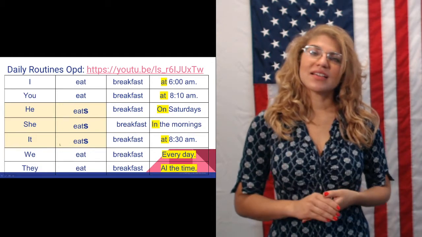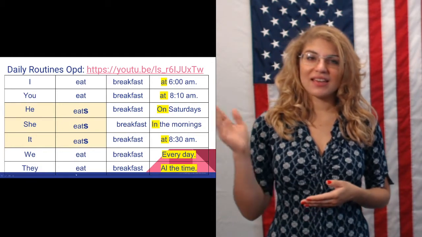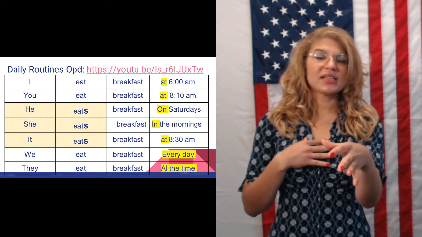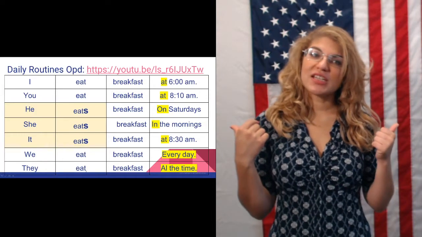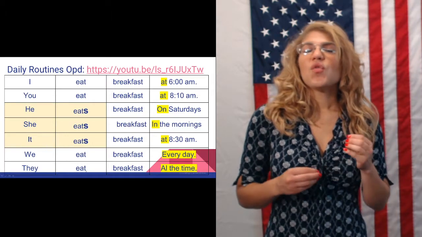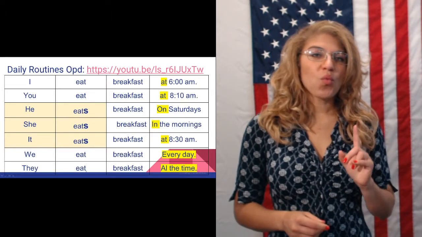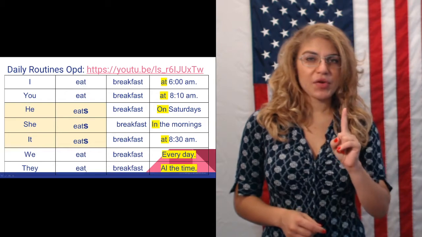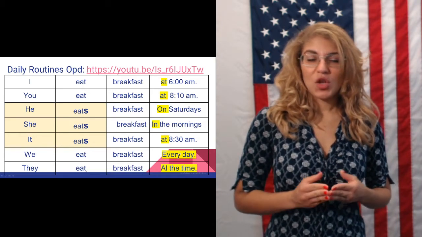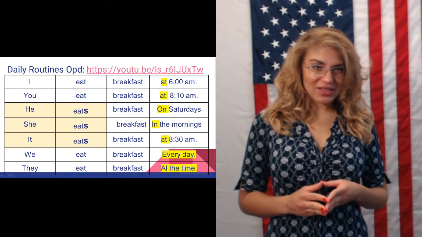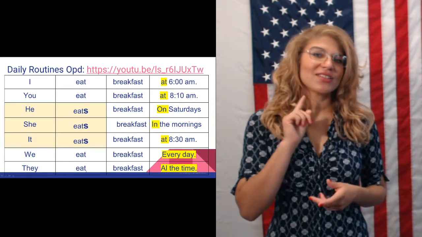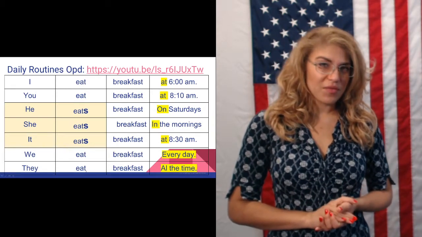We eat, and they eat. When we have one person in the third person, like he, she, or it, with our verb, we will add an S to the end of the word.